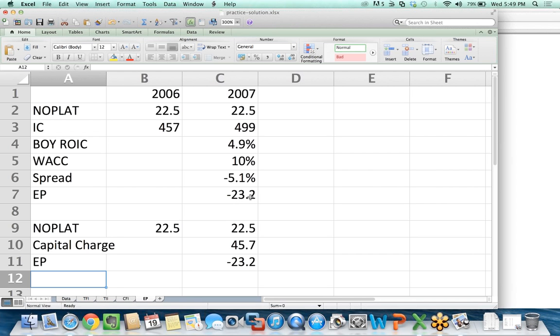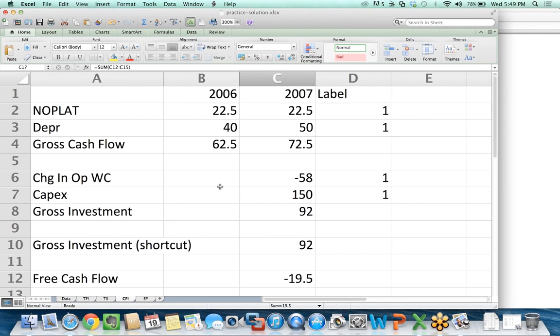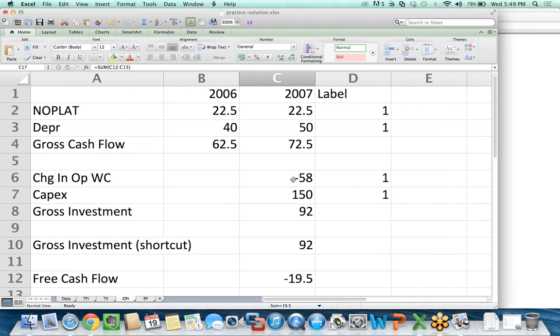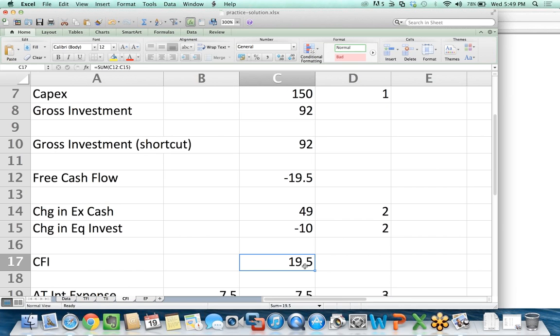Either way, I am destroying value. I am $23.2 short of making a 10% rate of return during the current period of time. Right? That's what I'm going to need to know when I do my assignment and do my analysis. So analysis: the company's cash flow is negative from free cash flow because they spend more in investment than they're generating in cash profit from the income statement. They are generating positive CFI because they're drawing down their cash reserves, even though they're making a small investment in buying more stakes in other companies.